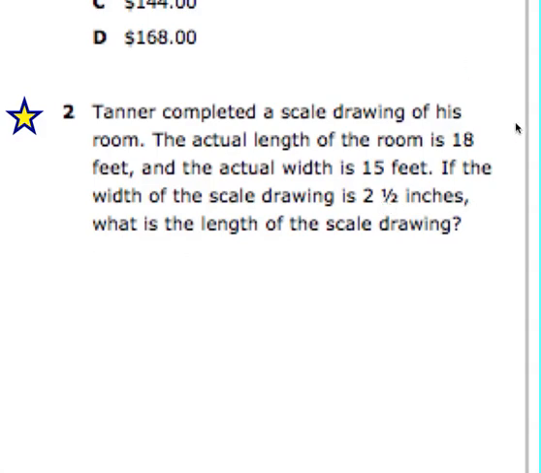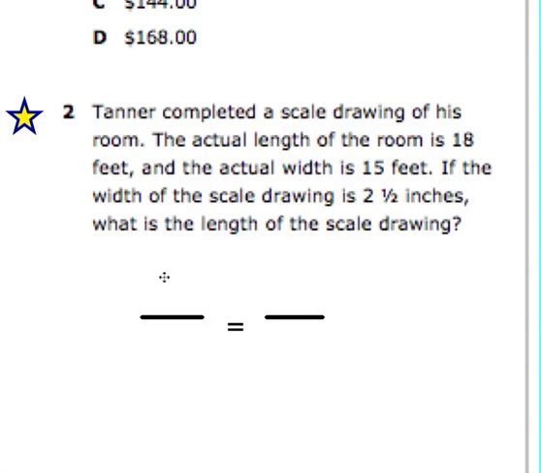So since we're trying to do a scale factor here, we want to try to use proportions. Okay, so what we have is the actual room to the scale drawing. And then we have length to width.